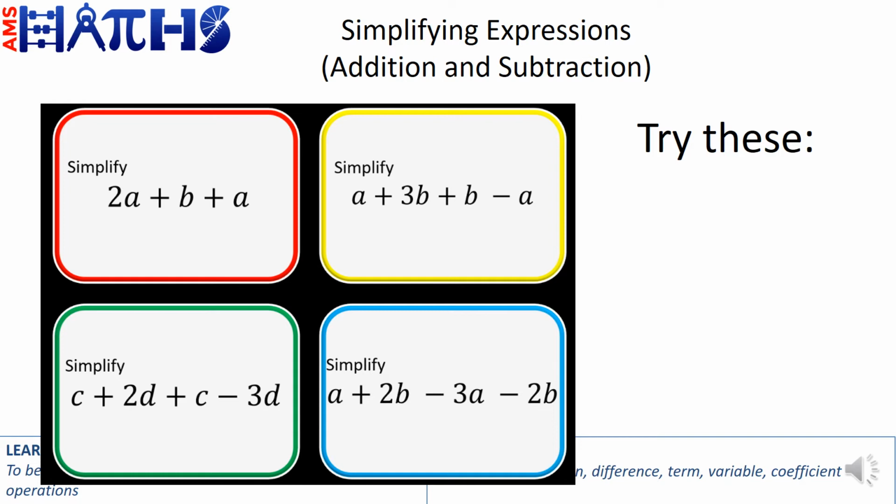Let's check. For the red box, we have A's and B's. So let's go with the A's first. We have 2 A's plus 1A, which gives us 3 A's. And we need to add 1B to that.